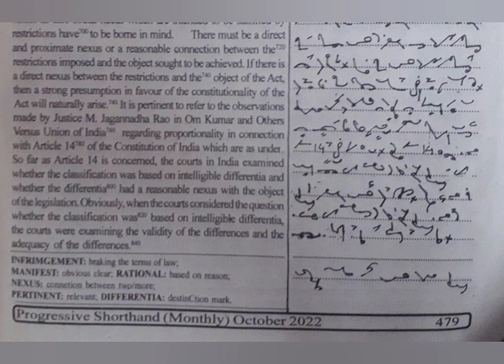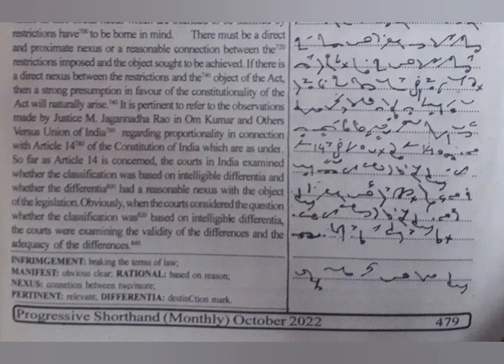It is pertinent to refer to the observations made by Justice Jagannatha Rao in Om Kumar and others versus Union of India regarding proportionality in connection with Article 14 of the Constitution of India, which are as under.